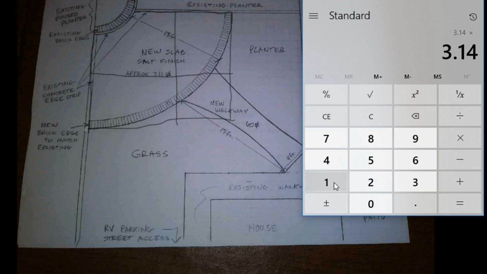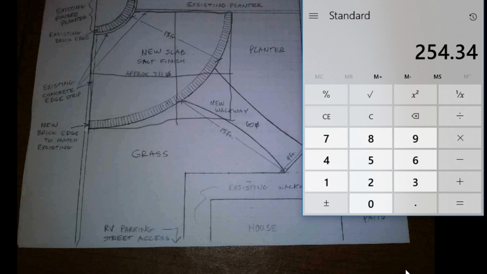So we're going to square it. 18 times 18, times pi, gives you 1017 square feet for the full circle, but we only want 1/4 of that, so we divide that by 4, and that gives you 254 square feet, exactly the same as the other method.